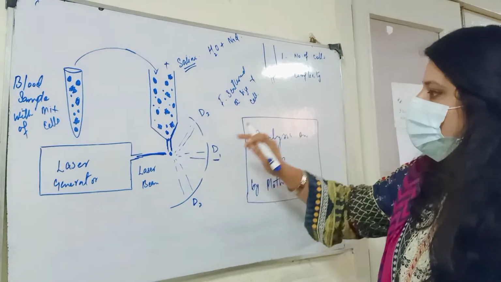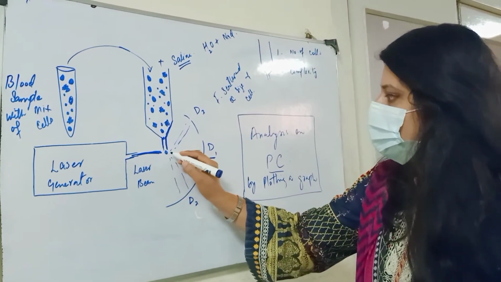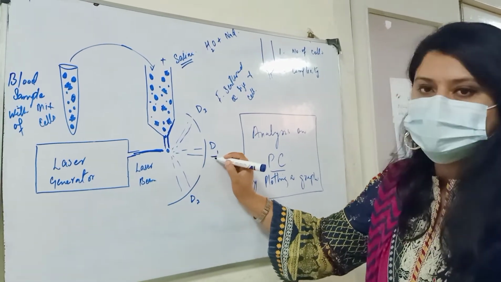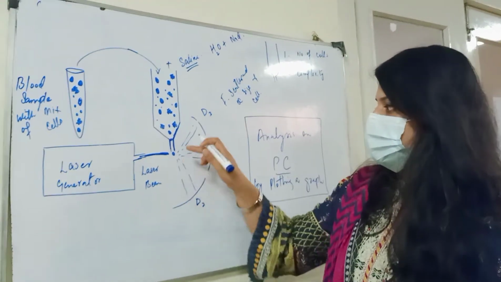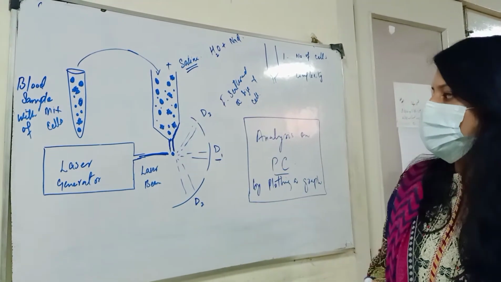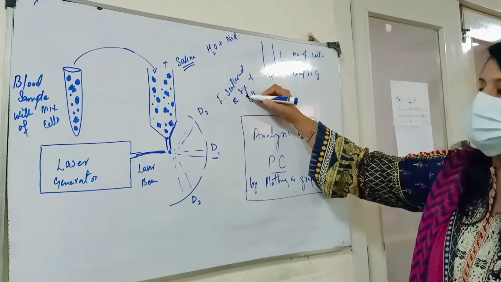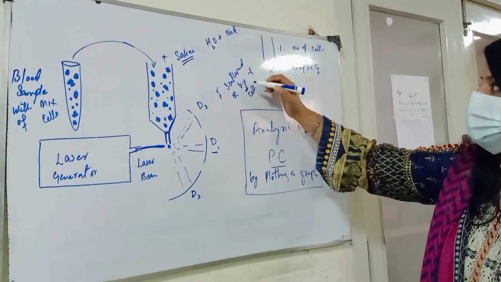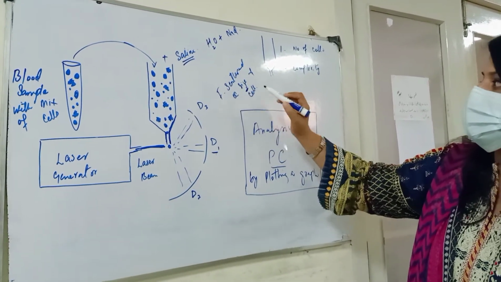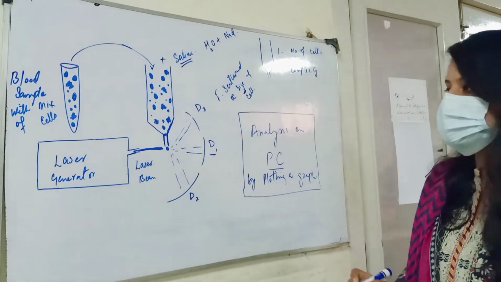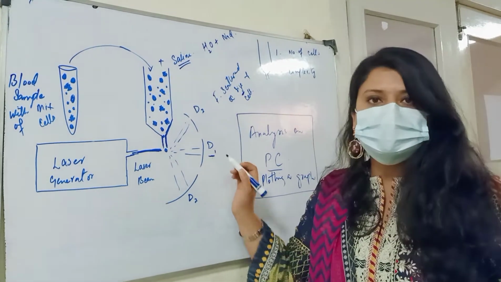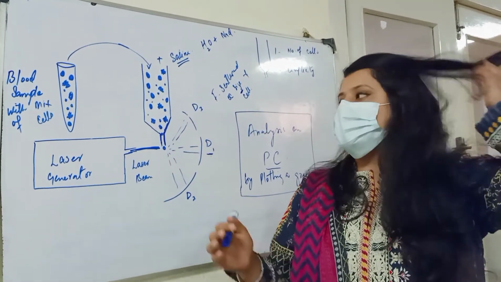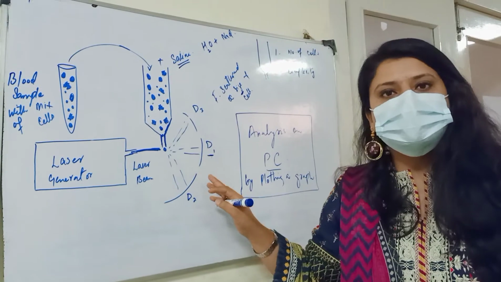So whenever a laser beam strikes the cell and the scattered light falls on detector 1, that means the cell that came out of the column at that time was of bigger size, because the forward scatter is directly proportional to the size of the cell.